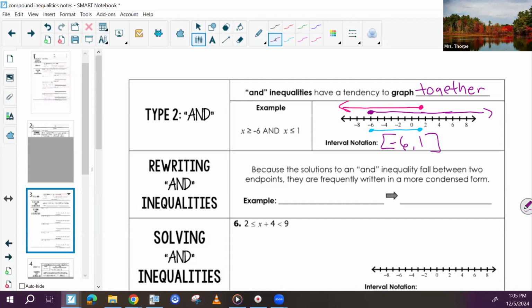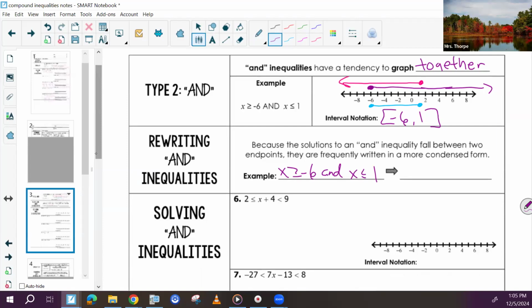Okay, and then sometimes you'll see it written like this, but for the quiz, for the test, I want you to write it in a condensed format. So if I took this and wrote it here, x is greater than or equal to -6 and x is less than or equal to 1.